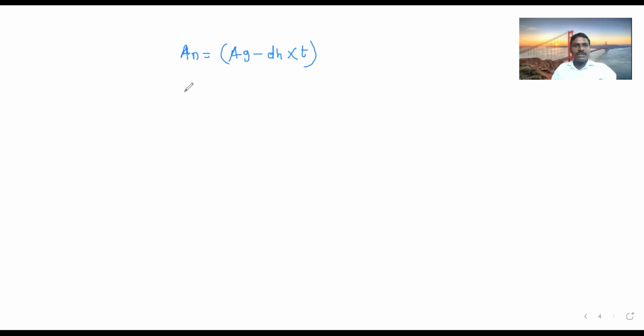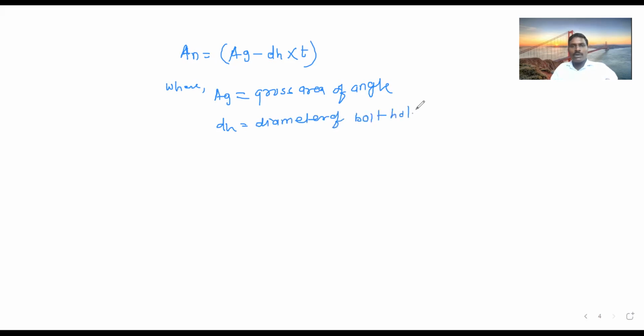So here, AG is equal to gross area of angle, then DH is equal to diameter of bolt hole, and T is equal to thickness of angle.